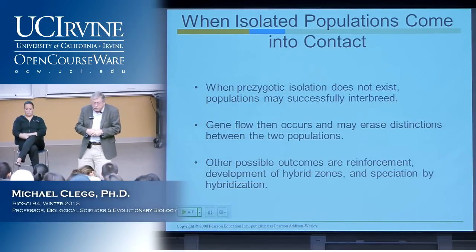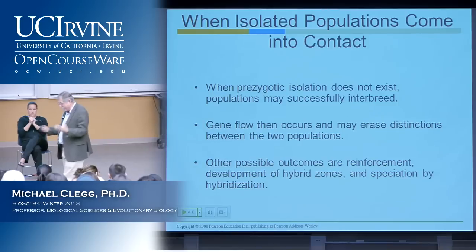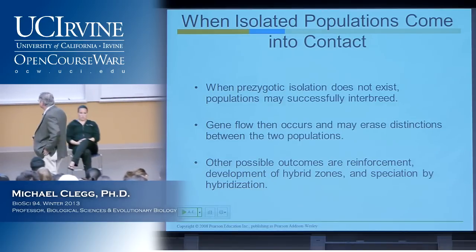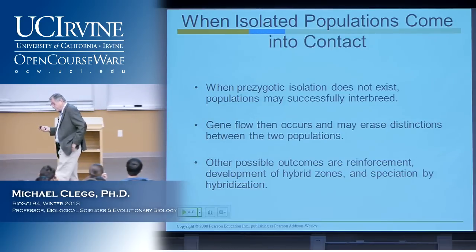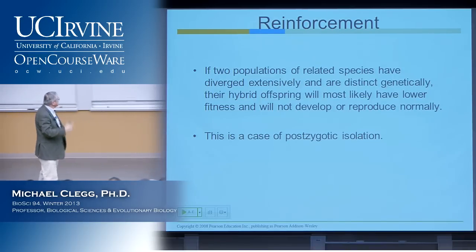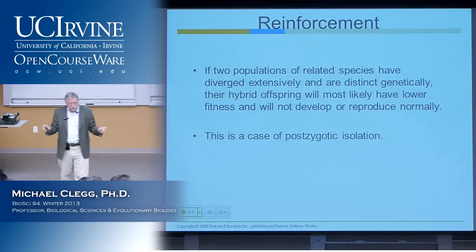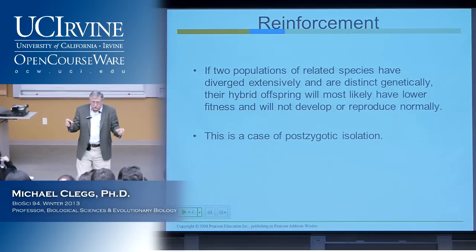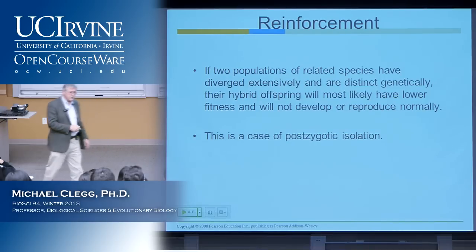One is that gene flow will eventually swamp the two different populations, and you'll end up with one population, which is the average of the two original ones. The other is the development of hybrid zones or reinforcement. And reinforcement, as I have already told you, is simply natural selection operating against intermating, because intermating reduces the reproductive potential when the hybrids are inferior to the two parental types.